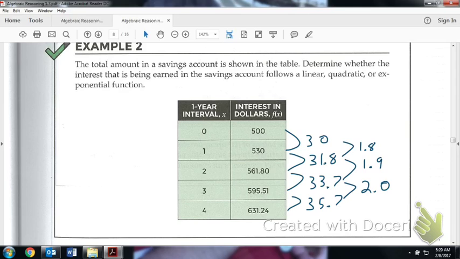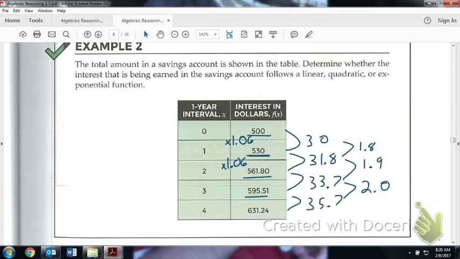Let's try the exponential real quick. So remember, for the exponential, you're dividing. We'll take 530 and divide it by the one previous, 500, and you get 1.06. We're multiplying by 1.06. Then if you divide 561.80 by 530, the one prior, you realize that's multiplied by 1.06.